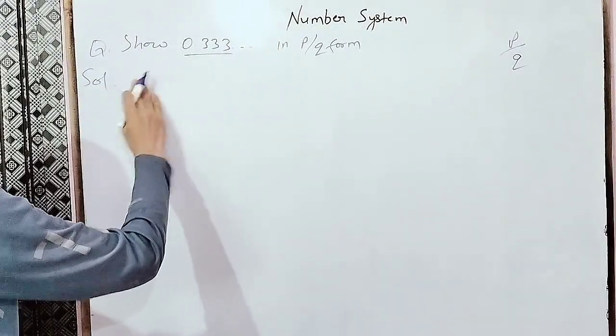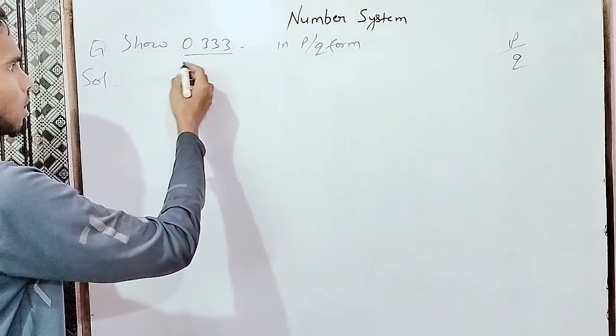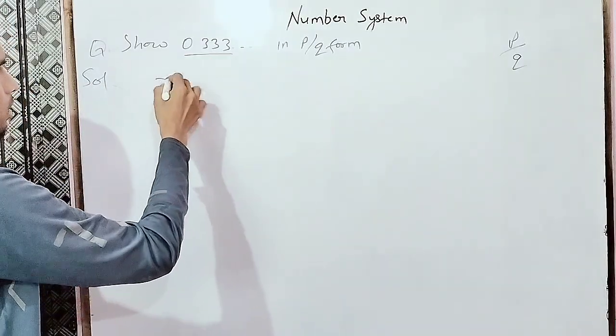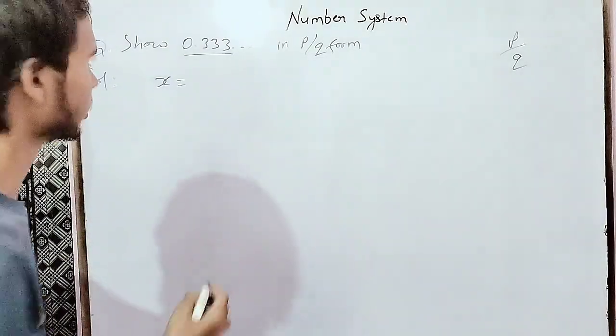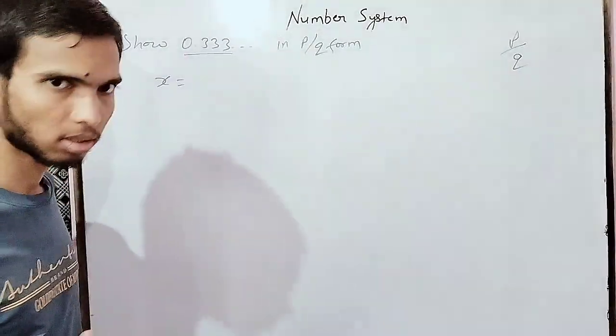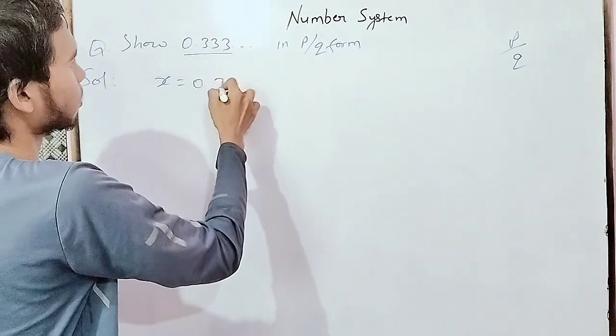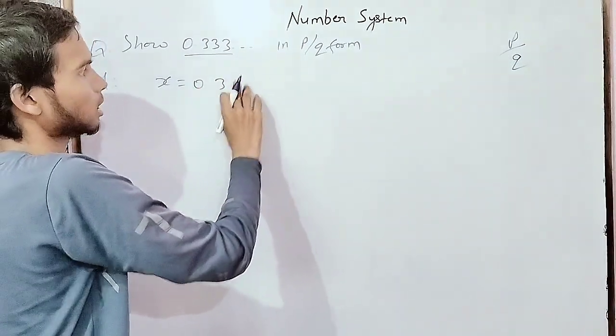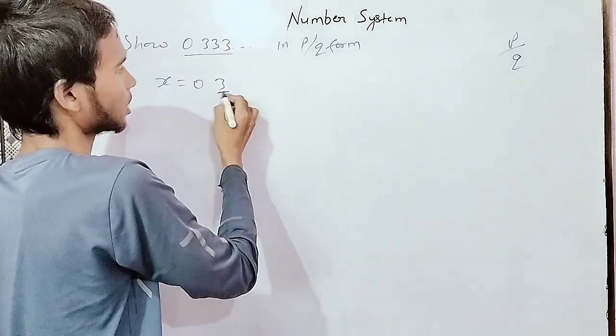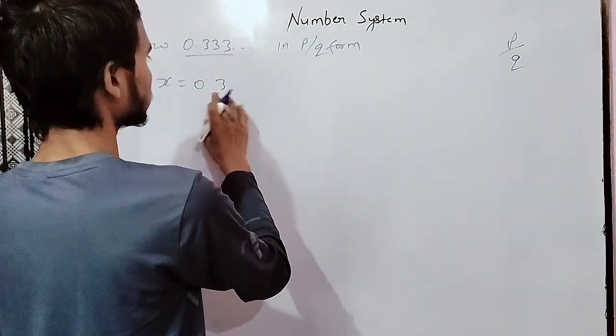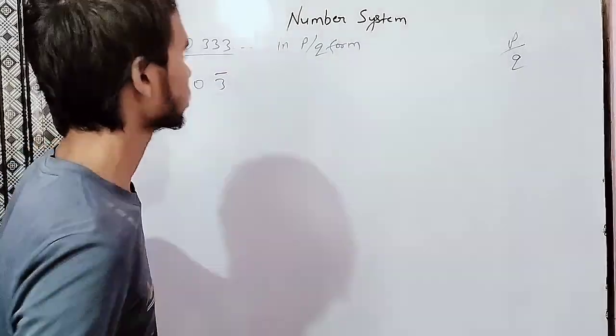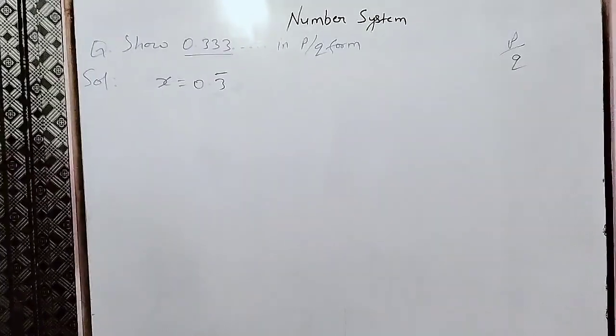First of all, take x is equal to 0.3, just applying a variable. Here you can see 3 is repeating, so 3 has a bar.